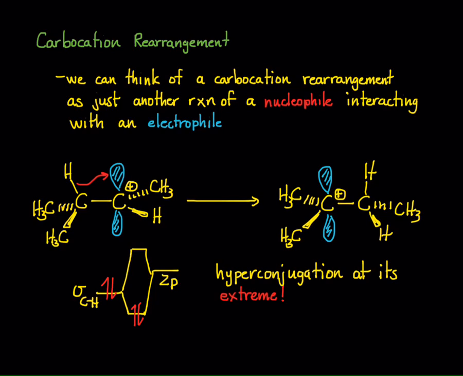That carbon-hydrogen bond essentially donated so much electron density to stabilize that structure that it produces a new carbocation. Remember, we're looking at an overall structure, the stabilization of an overall structure, not just a carbon atom.